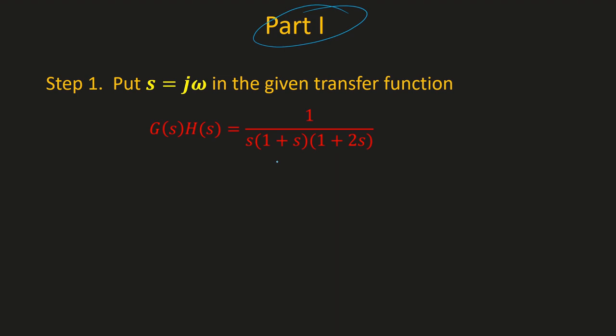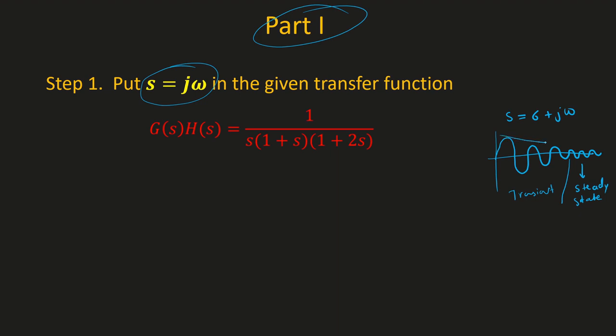For the drawing of part 1, you need to first put s equal to j omega into the given transfer function. A quick note on why we put s equal to j omega and not sigma plus j omega. In S plane we know s is equal to sigma plus j omega. If the output is varying as a damped oscillation, and after that it settles down to steady state, this part is called transient part and this part is called steady state part.